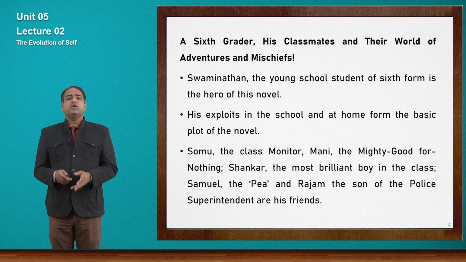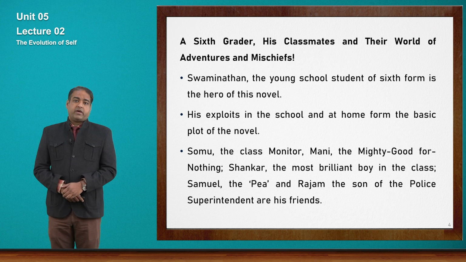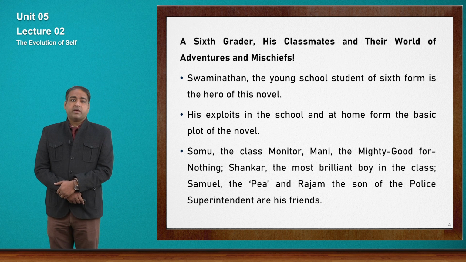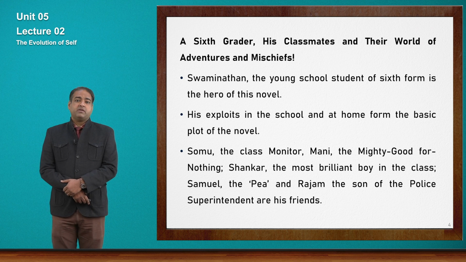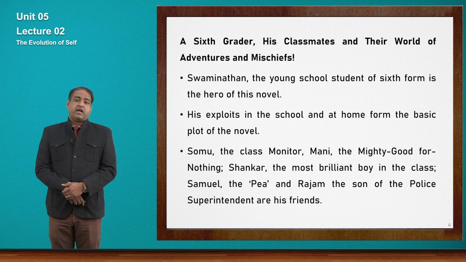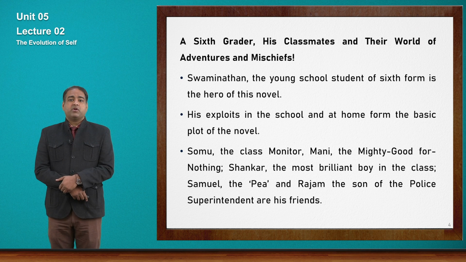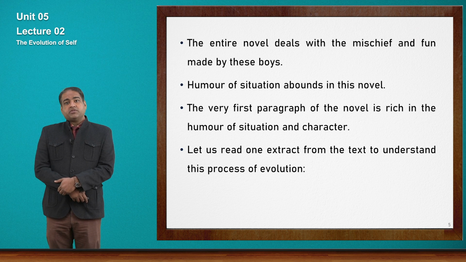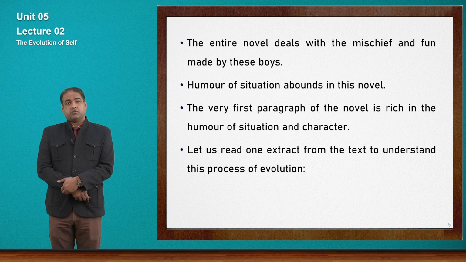This is the small world of Swami, where Rajam is the son of a superintendent. Then we have Samuel as a Pea, representing a Pea. Then we have Somu, Shankar, Mani, and with this limited number of people, Swami has his own world representing the entire universe. "The entire novel deals with the mischief and fun made by these boys."